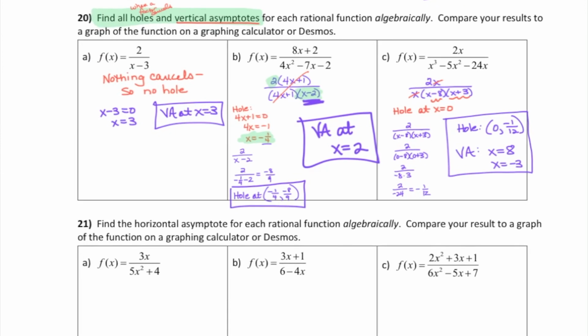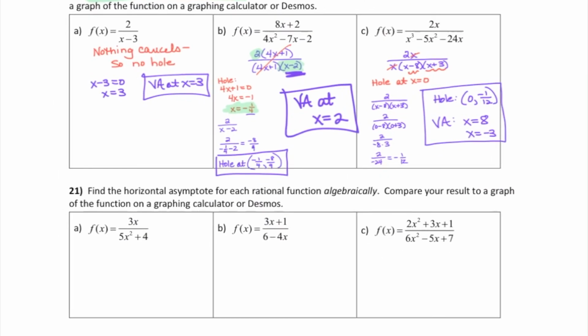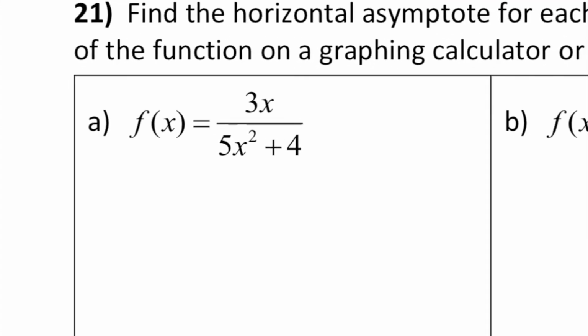And then the horizontal asymptotes, and remember that there's different rules for all of these things, and you just have to remember the rules for them. The horizontal asymptotes have to do with the degree of the numerator and the degree of the denominator. Remember that I won't give you any functions and ask about horizontal asymptotes if the degree of the numerator is higher and the degree of the denominator is lower.